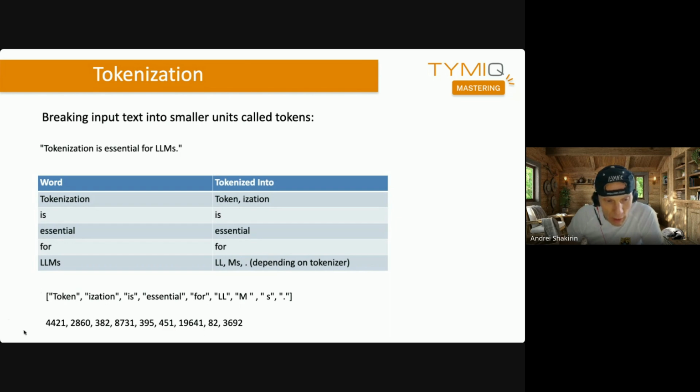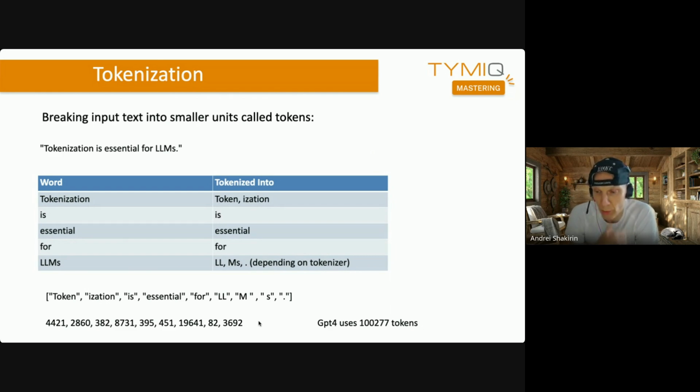Every token has an ID. The first version of GPT-4 used about 100,000 tokens. Current models even have more.